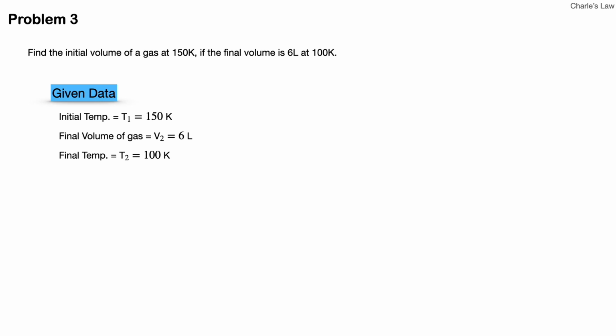If the temperature is increasing, the volume should increase. If the temperature is decreasing, the corresponding volume should decrease as well. We have to find the initial volume of the gas. Initially the temperature was high, right? So the volume must be large.